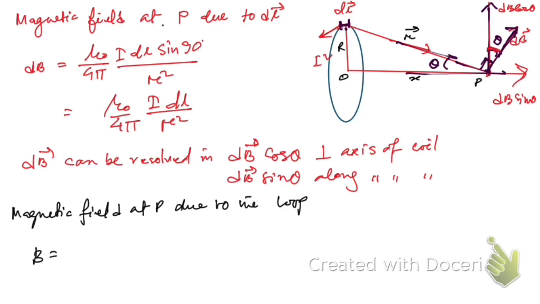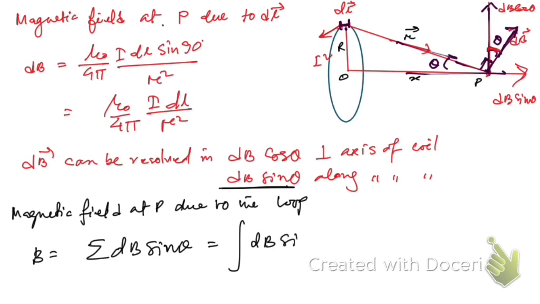Okay, so B will be given by, if you add up all the dB sin theta components, sorry, here no vector sign. If you add up all dB sin theta components, right, then you will get the magnetic field at P. So here it can be written as integration dB sin theta.